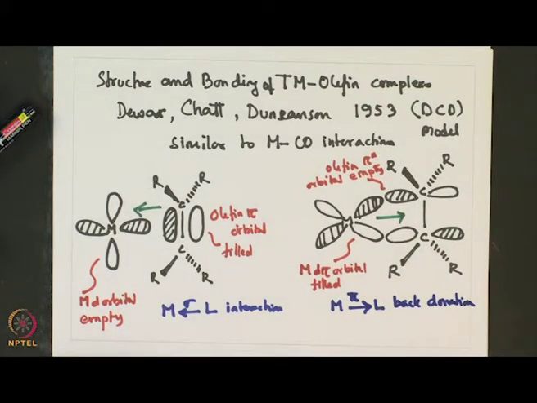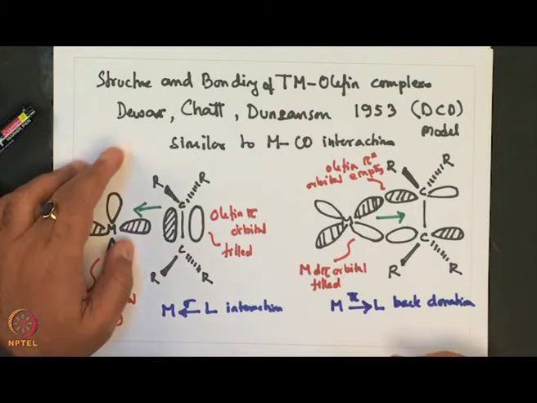So, these two interactions are synergic in nature, meaning interaction of one will reinforce the other. So, that is why they are synergic interactions. Now, this was developed by Dewar, Chatt and Duncanson, and hence the name DCD.